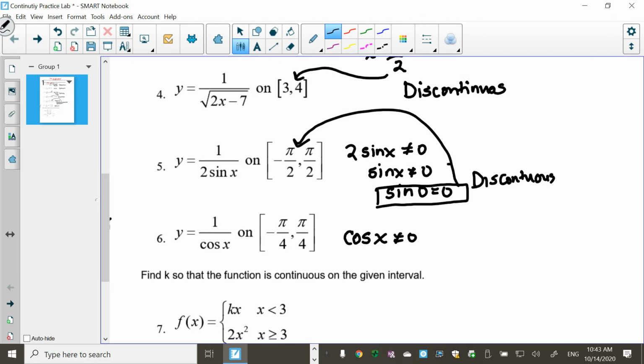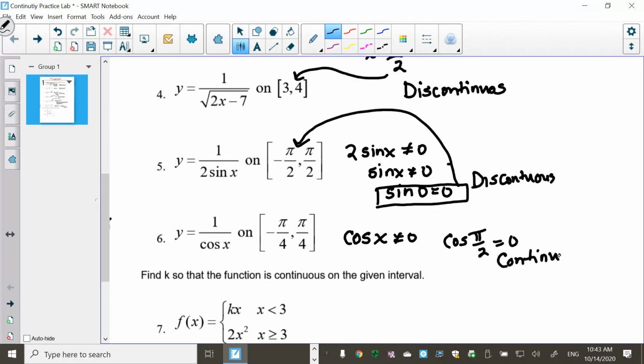I know that the cosine of pi over 2 is 0. This interval is negative pi over 4 to pi over 4, which is 45 degrees. As you can see, the cosine of 90 equals 0, or cosine of pi over 2. That's not within that interval, so this is continuous.